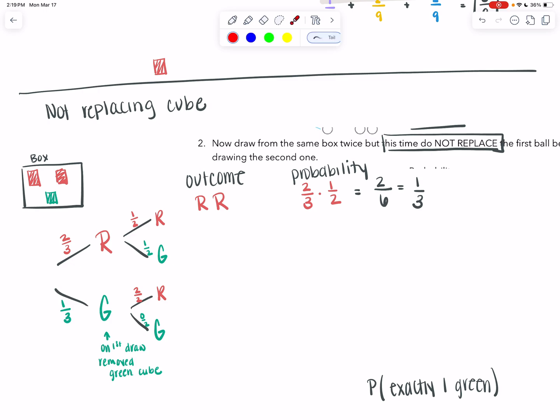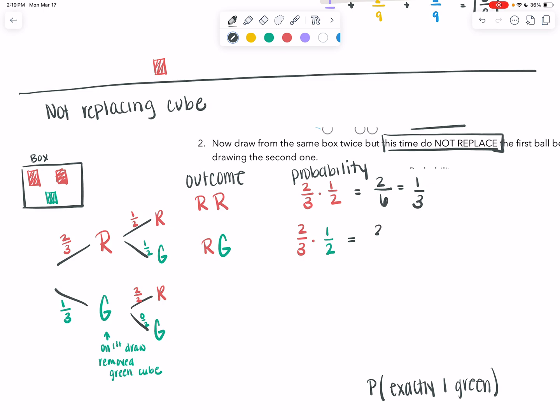All right, now the next one, red, green. So the outcome is a red and then a green. To find the probability, I'm going to multiply red, 2/3, times green, 1/2.